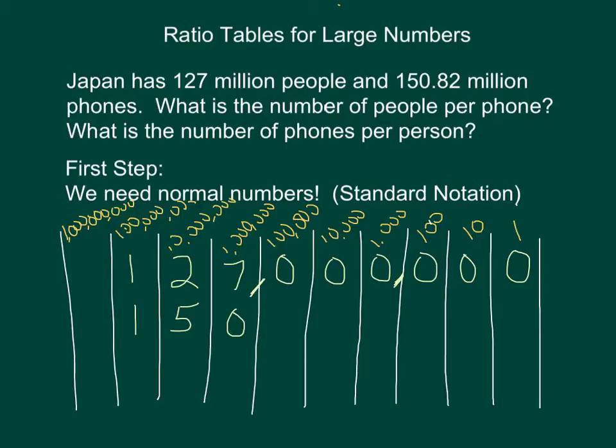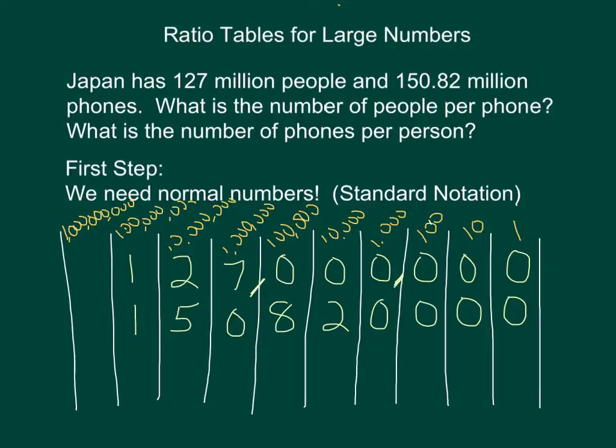Now the 8 and the 2 can't just get chopped off. They follow whatever place values come next. So that means the 8 must be in the 100,000s place, the 2 must be in the 10,000s place, and I've still got all these blanks again. So I have to use my 0 as a placeholder because there's nothing there, but I have to show there's nothing there. Then I do my commas.